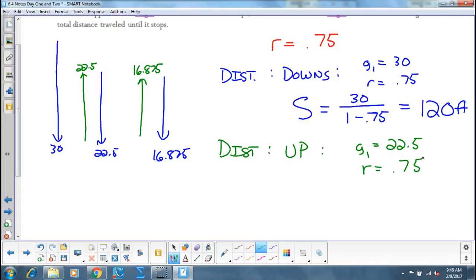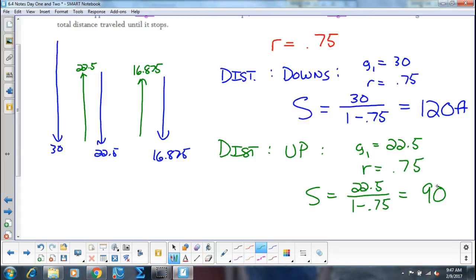Okay, so the sum of the ups is going to be 22.5 divided by 1 minus 0.75. That's 90. So the total distance that that ball traveled was, how'd you get that? Just added the ups and downs.